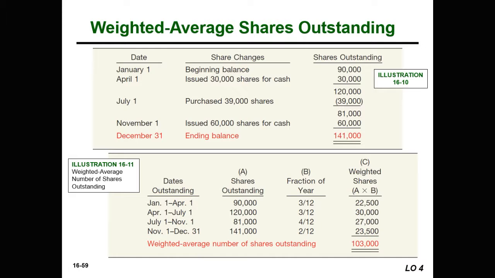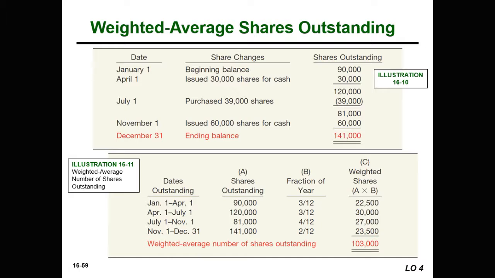So from April 1st to July 1st, there were 120,000 shares that were outstanding. That is for a period of 3 out of 12 months, which resulted in 30,000 weighted shares. Continuing on all the way to December 31st, in which there were 141,000 shares that were outstanding between November 1st and December 31st, which is a fraction of 2 out of 12 months.